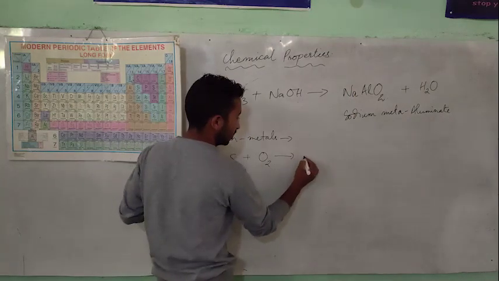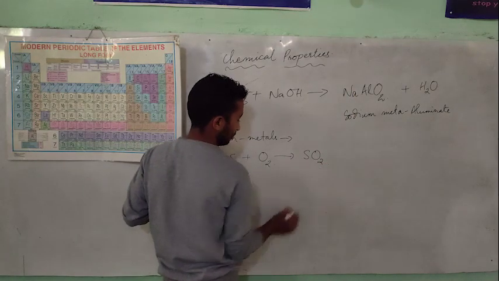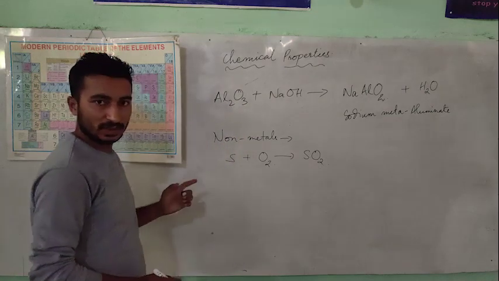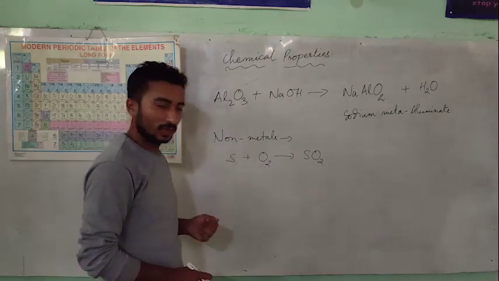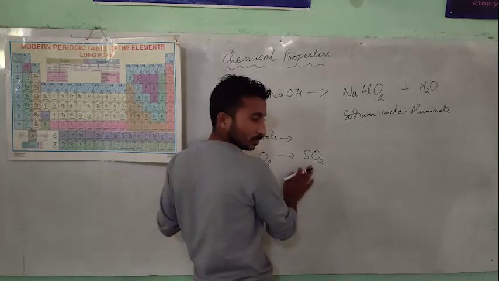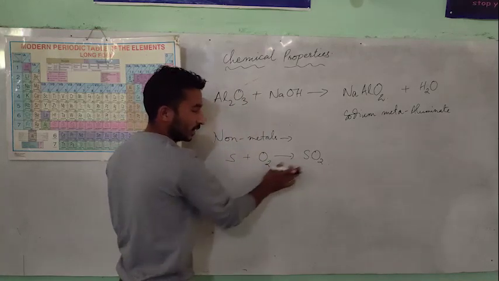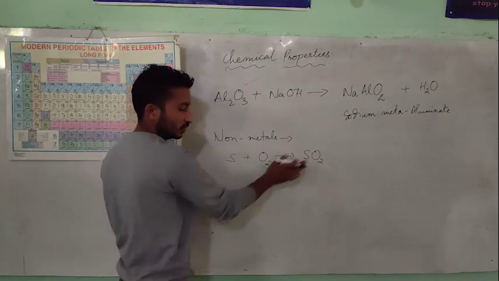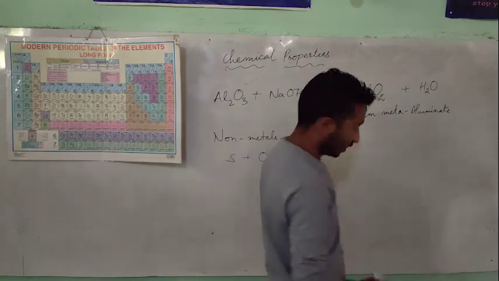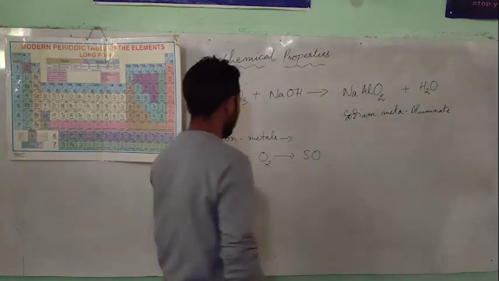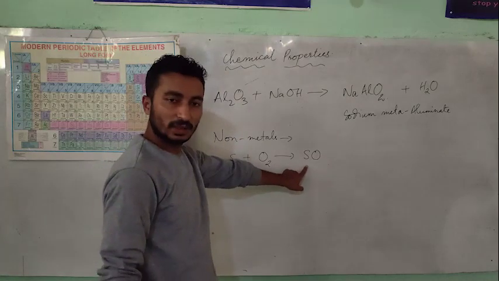Sulfur plus oxygen will give you sulfur dioxide. We apply the same formula, and we get sulfur dioxide. Sulfur plus oxygen gives you sulfur dioxide, or sometimes it gives sulfur oxide also.